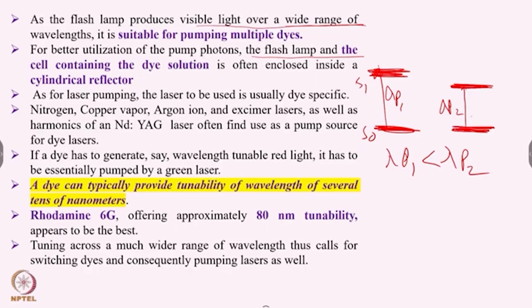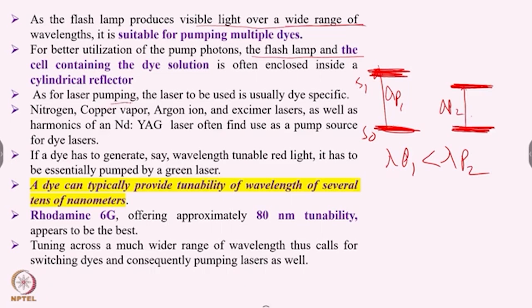So some of the light which would not be absorbed by the dye cell in the beginning can be redirected by the reflective surface of this enclosure and put back into the dye solution, which will enhance the pumping efficiency.